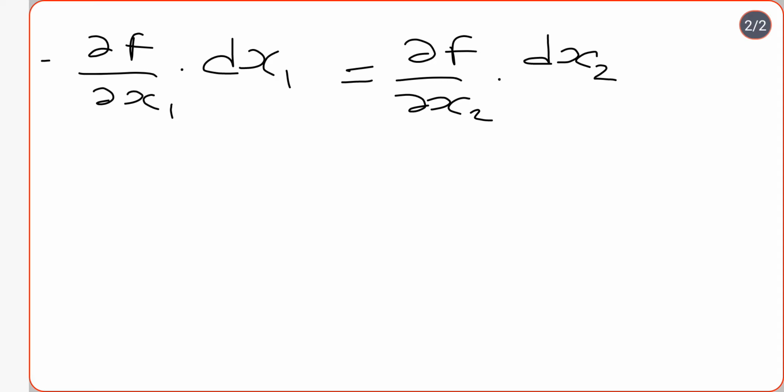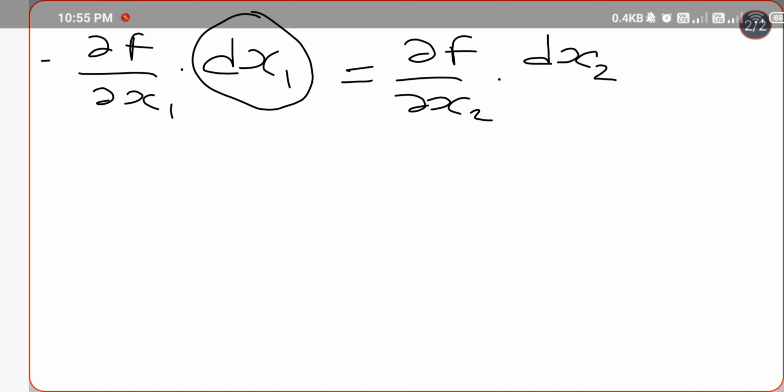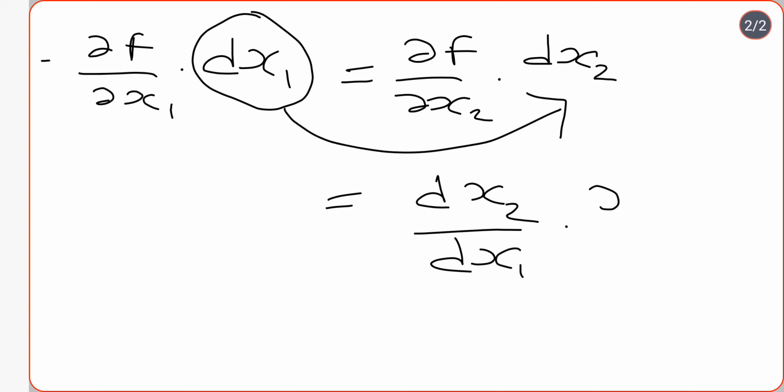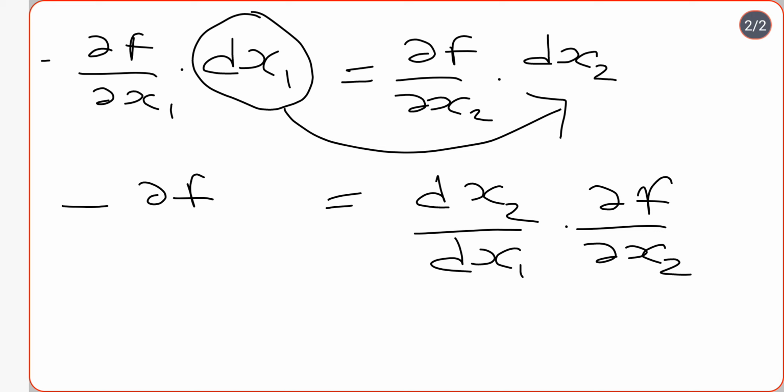Now if we divide this by dx1, then we will get dx2 by dx1 and we also have del f by del x2 on the right hand side, and the left hand side has only remained with minus del f by del x1.